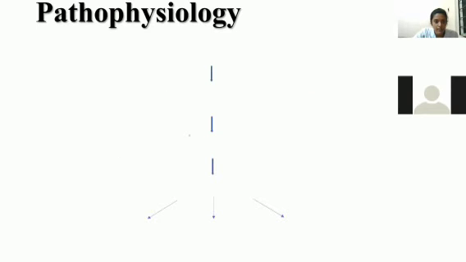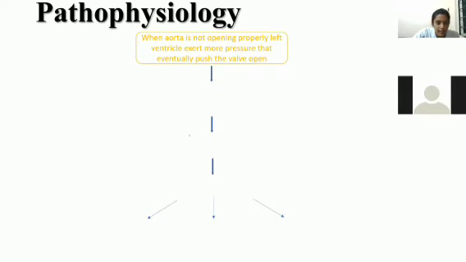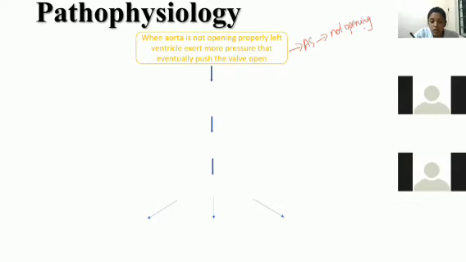Next, the pathophysiology. When the aortic valve is not opening properly, the left ventricle exerts more pressure that eventually pushes the valve open. Aortic stenosis means it is not opening properly, but the left ventricle wants to eject the blood anyway. So the ventricle will exert more pressure to push the valve open.